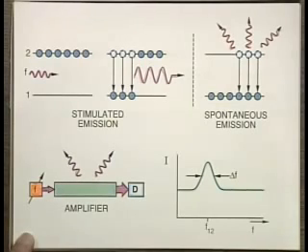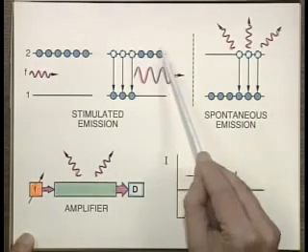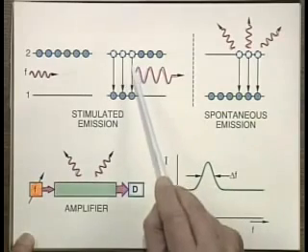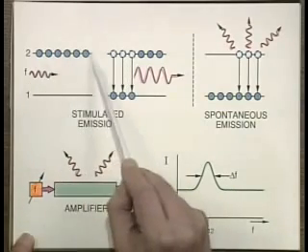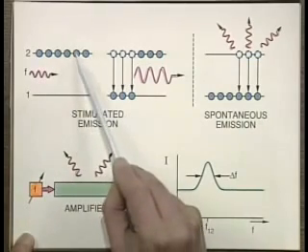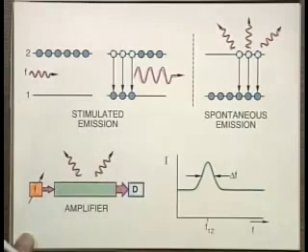Now, while we're at this, what about spontaneous emission? Before, we said when all the atoms are in the excited state, there will be spontaneous emission. That's true, because if there is no light coming in and all the atoms are excited, if you wait long enough, all these atoms will decay spontaneously by themselves, emitting light in all directions.